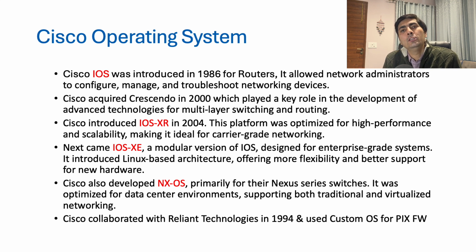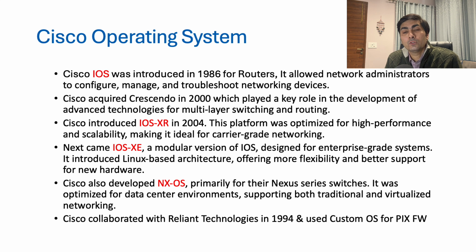Let's also talk about the operating system in their firewall domain. Cisco was not in the firewall space as well. I told you it was only in routers. Then they acquired a switching company named Crescendo, and instead of acquiring a firewall company, they collaborated and made a product named Pix, which is a firewall, and in that they used a custom OS.